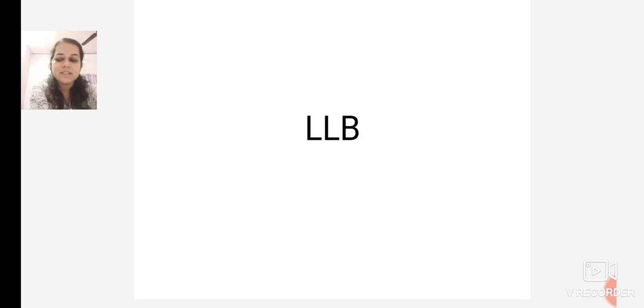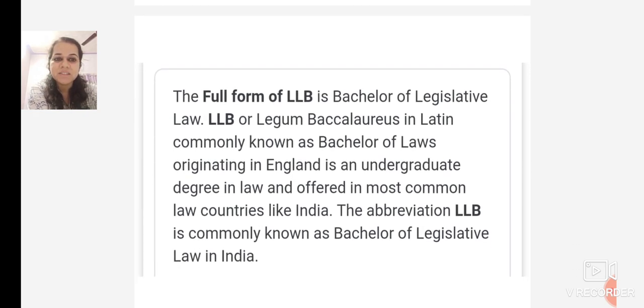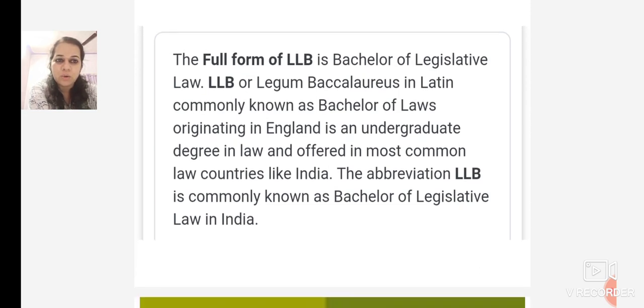LLB is written near a doctor's name or near a lawyer's name. What do you mean by LLB? What is the full form of LLB? The full form of LLB is Bachelor of Legislative Law.